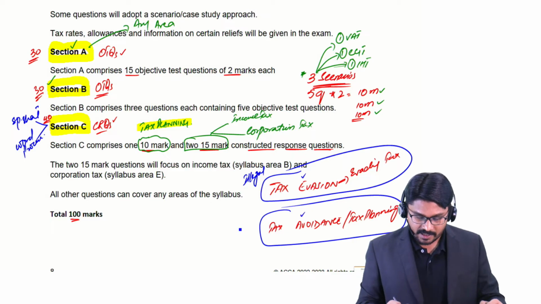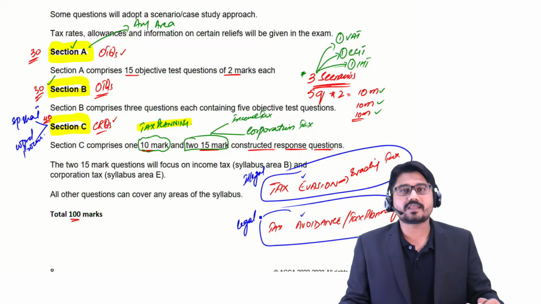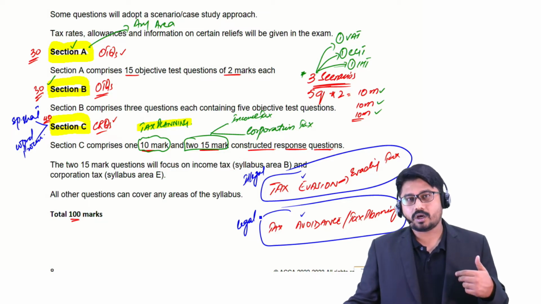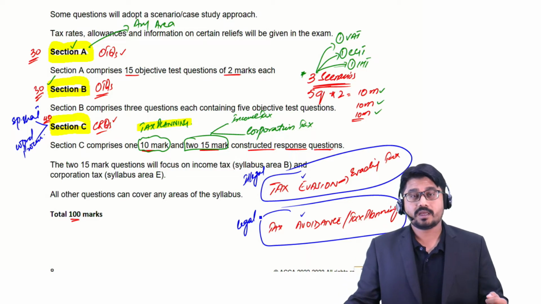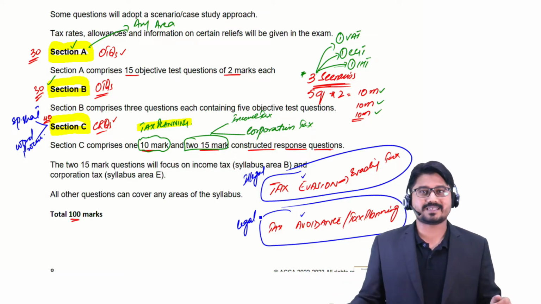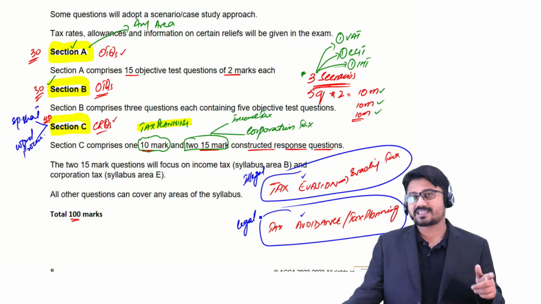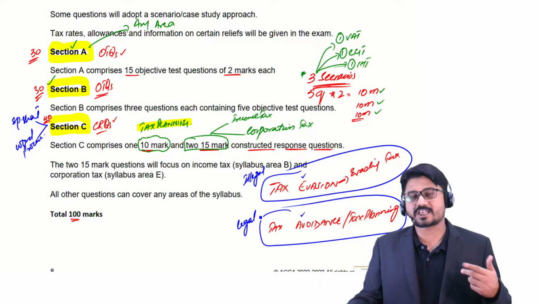But over here, you are actually trying to identify the loopholes in the taxation laws, and you will opt for the option which results in a lower tax liability for individuals or companies.